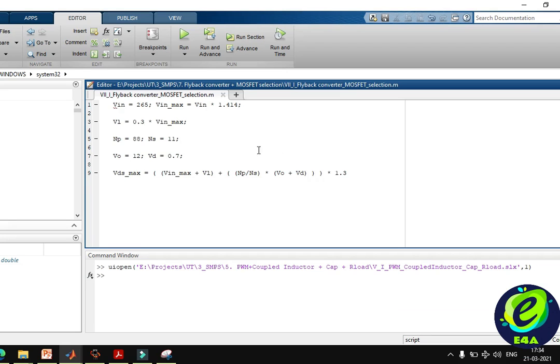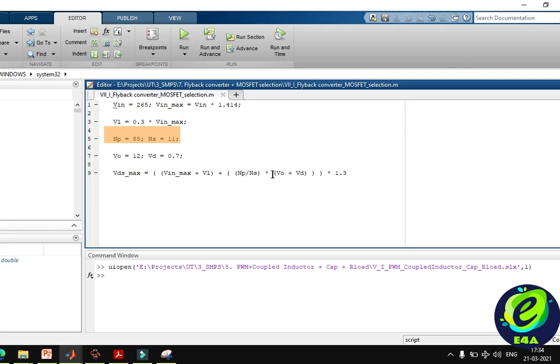Let us now calculate the total voltage stress on the MOSFET in the MATLAB editor. For maximum input voltage of 265 volt AC, maximum input DC voltage will be 265 times √2. VL is 30% of maximum input DC voltage.